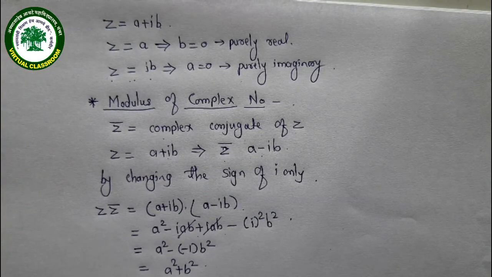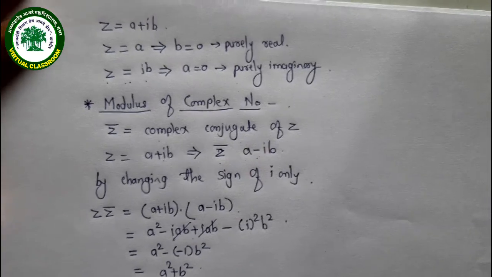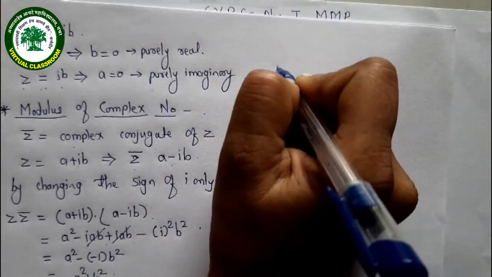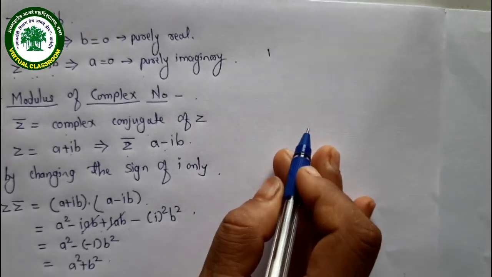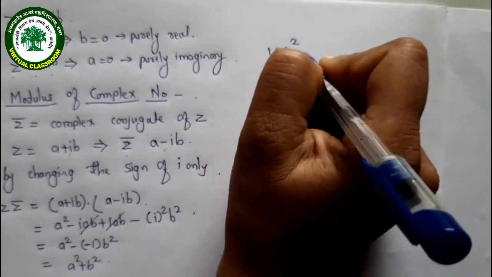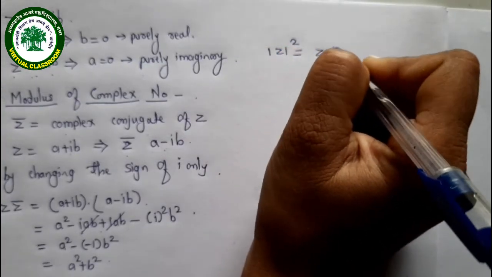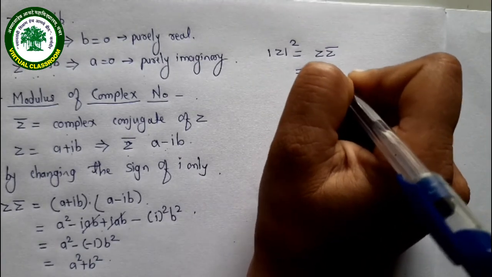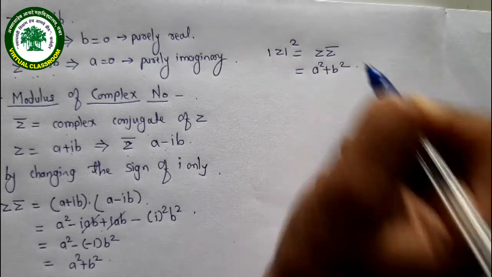It means that if we multiply a complex number by its own complex conjugate, what is left is a squared plus b squared. So modulus of z squared is equal to z multiplied by z bar, which we have shown is equal to a squared plus b squared.